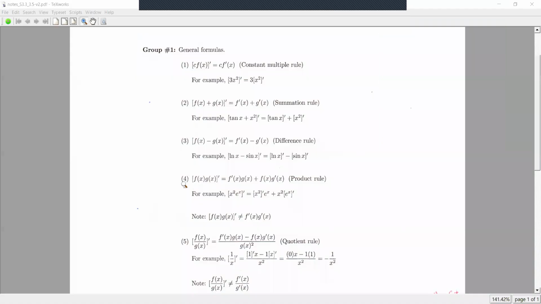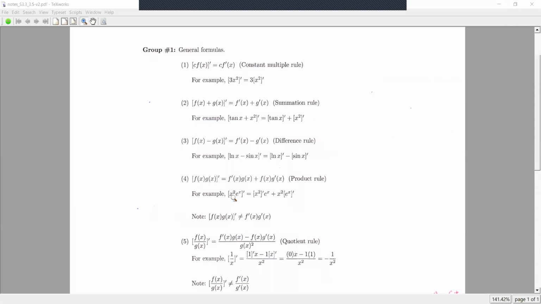The fourth formula, product rule. Product rule says that derivative of a product is the derivative of the first function times the second function plus the first function times the derivative of the second function.